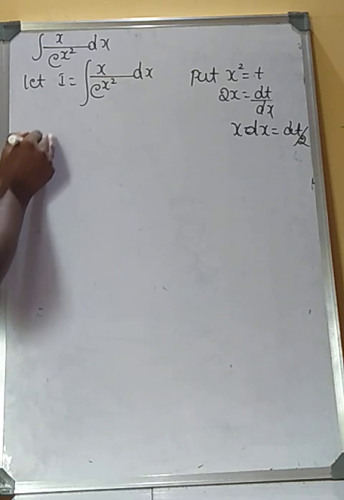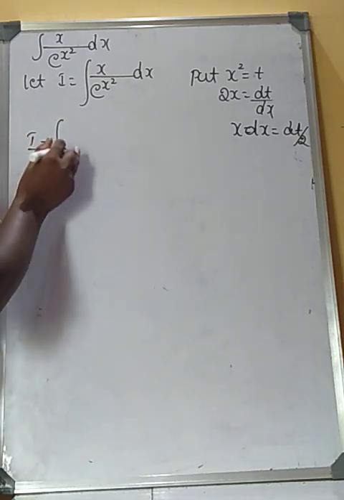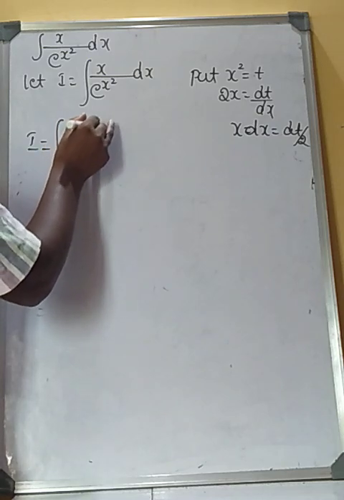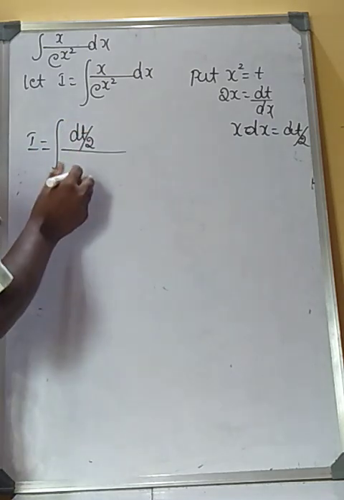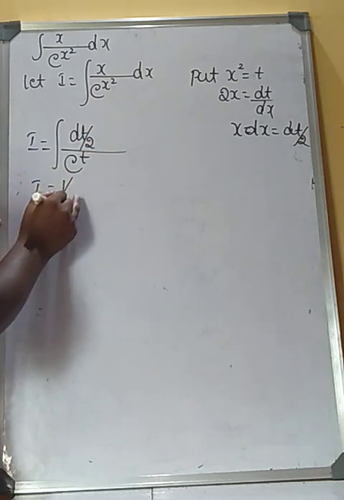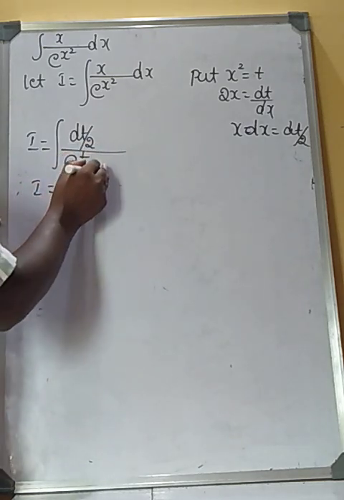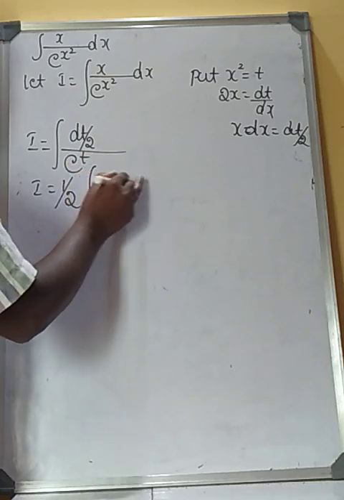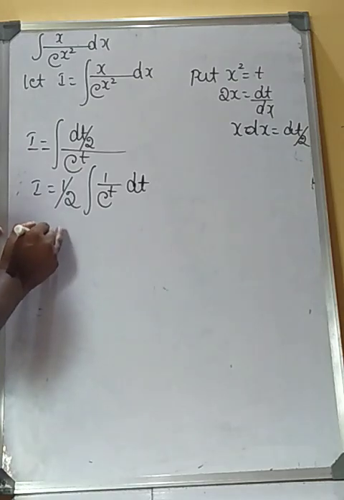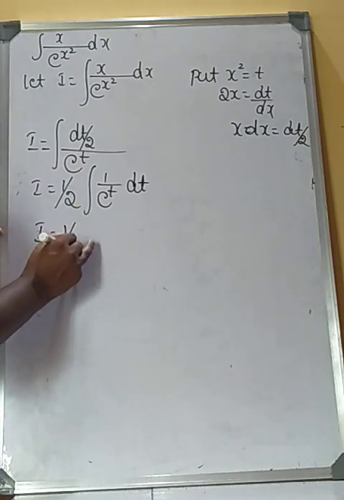Substitute in the given integral. I equals integral of dt divided by 2, whole divided by e power t. Therefore I is equal to, taking outside 1 by 2, integral of 1 divided by e power t into dt.